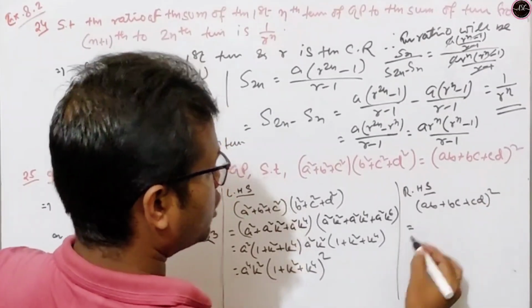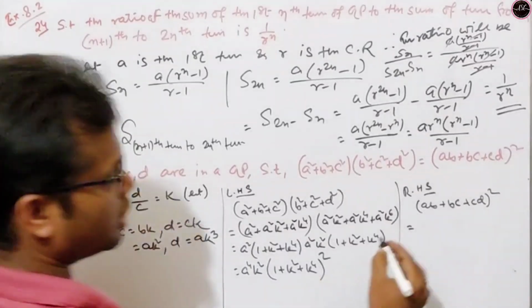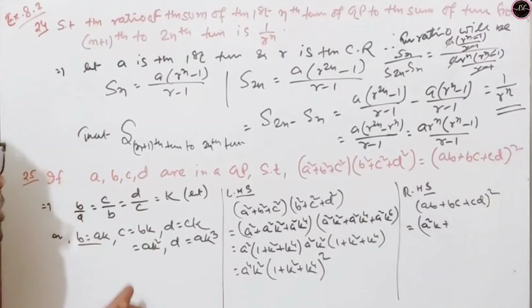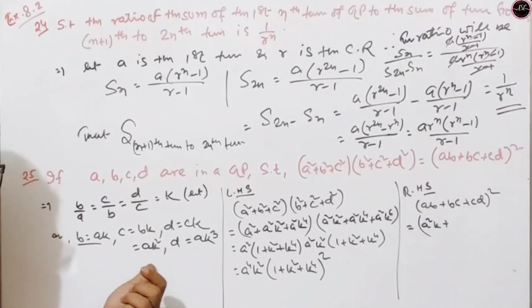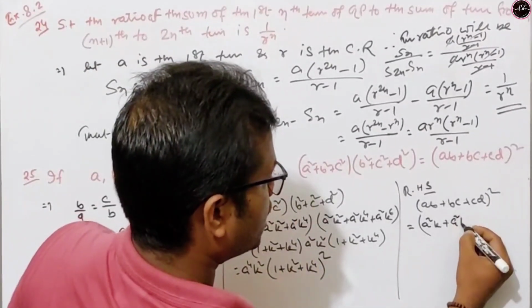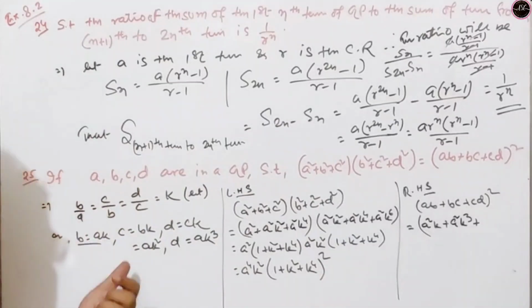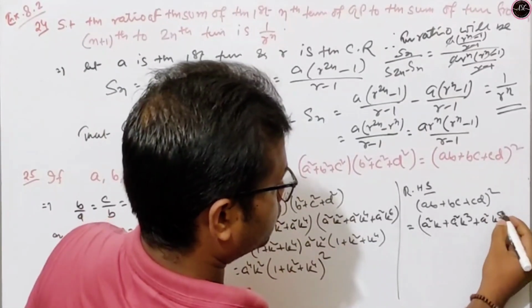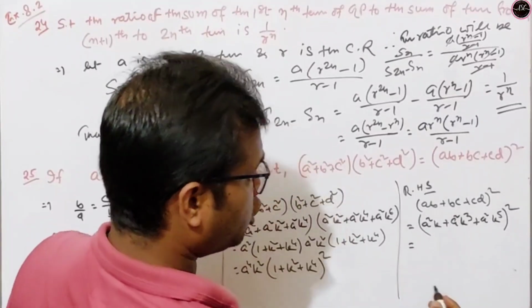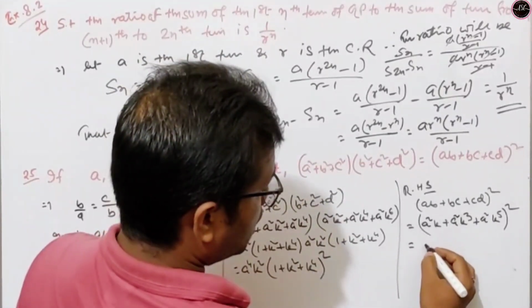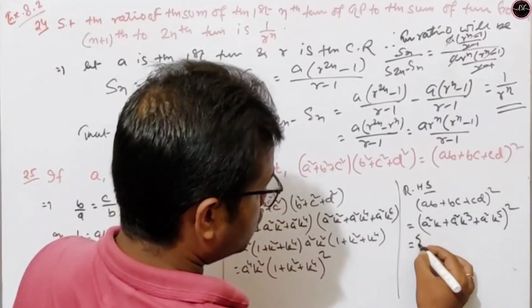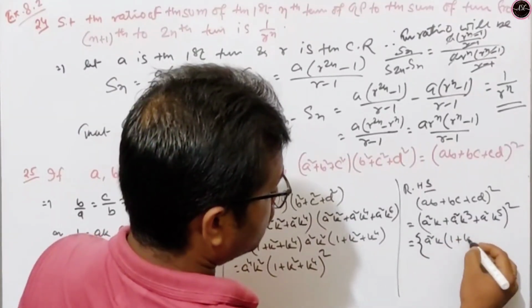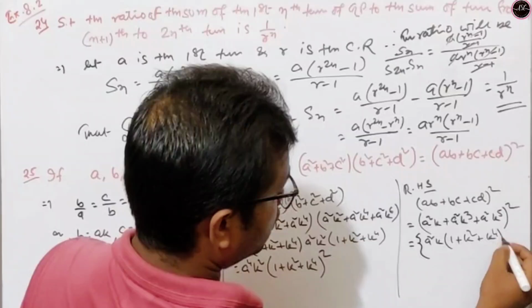Now RHS equals AB plus BC plus CD. Put the values: B equals AK, so AB is A square K, plus BC equals A square K cube, plus CD equals A square K to the power 5. If we take A square K common, we have A square K into 1 plus K square plus K to the power 4, whole square.